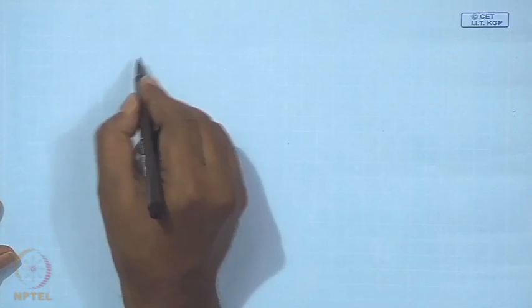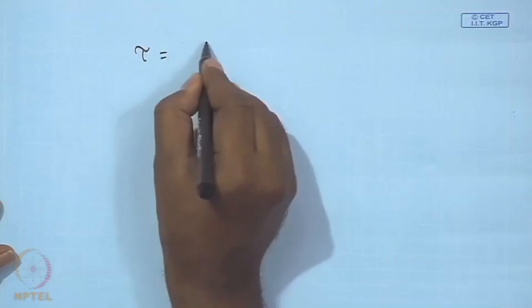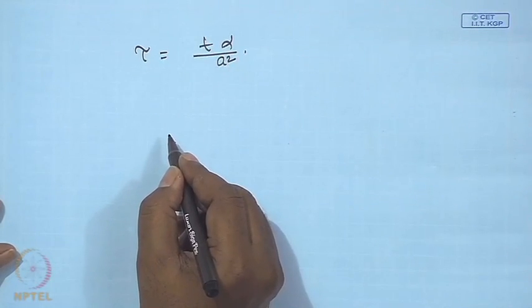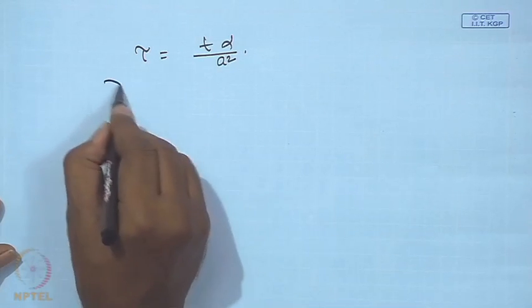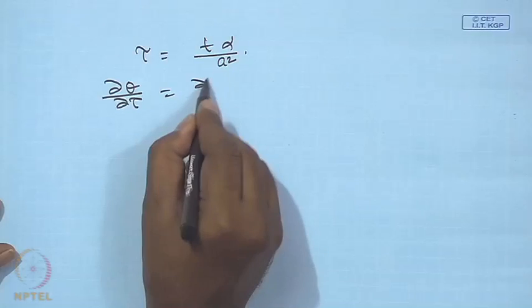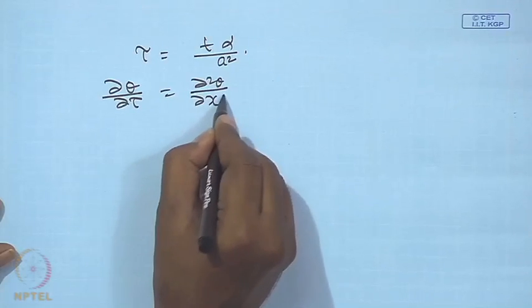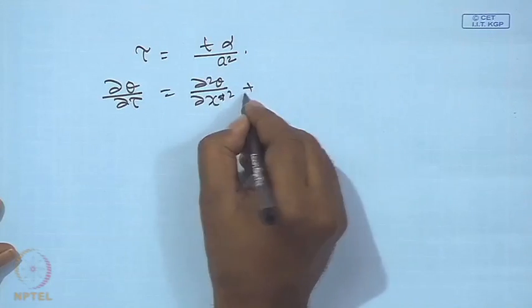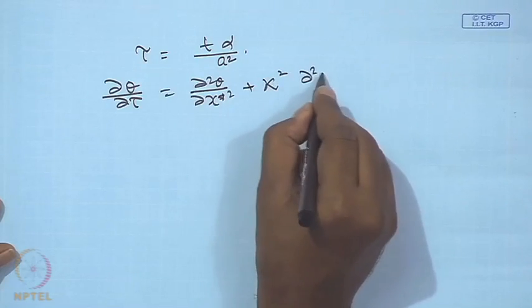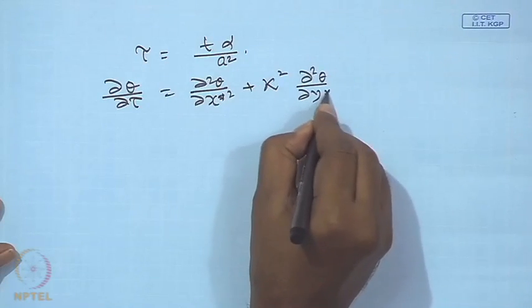So, we define tau equal to t alpha divided by a square as a non-dimensional time. So, our governing equation now becomes del theta del tau is equal to del square theta del x star square plus let us say kappa square del square theta del y star square.